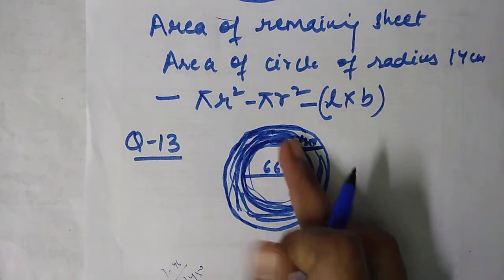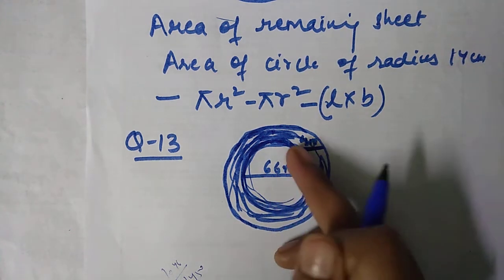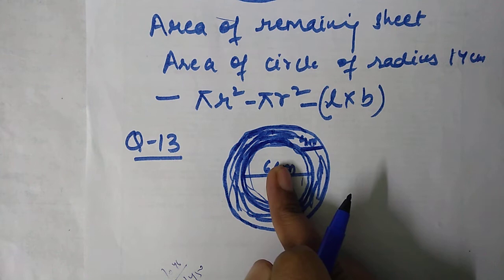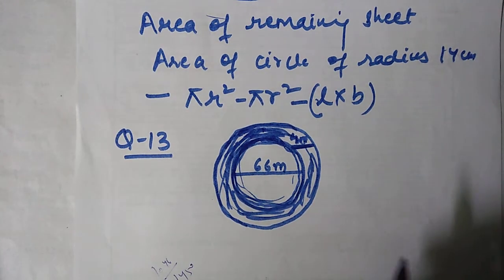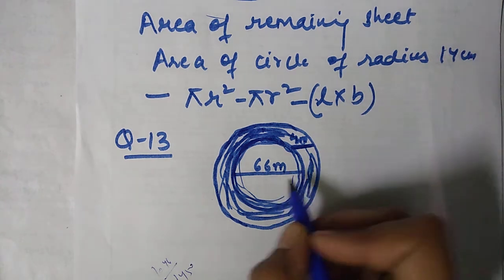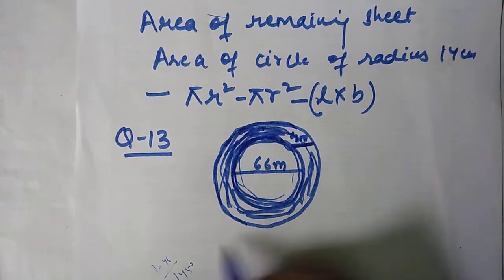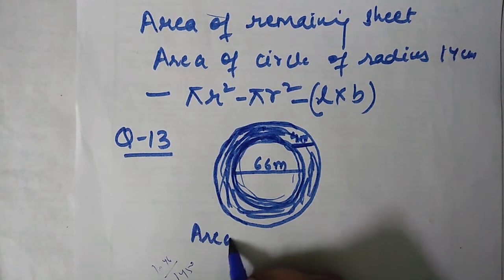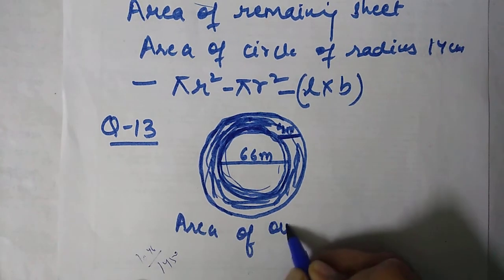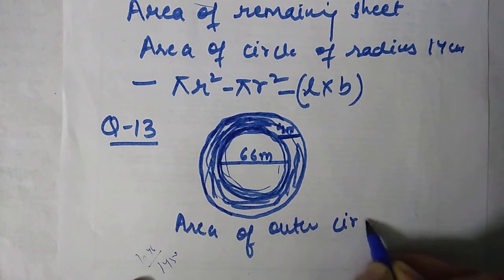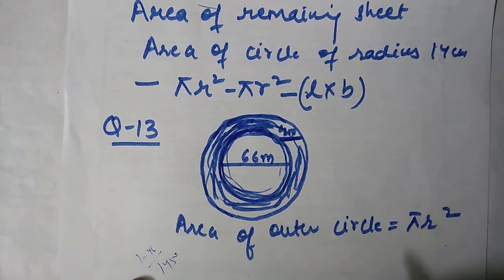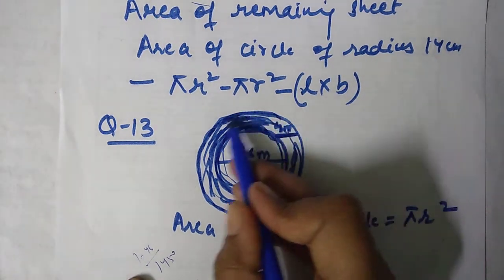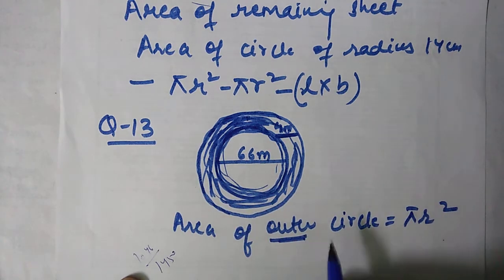So how will you find the area of the inner circle and the area of the outer circle? For that you need the radius. The area of the outer circle is also pi r square. What will you take as r for the outer circle?